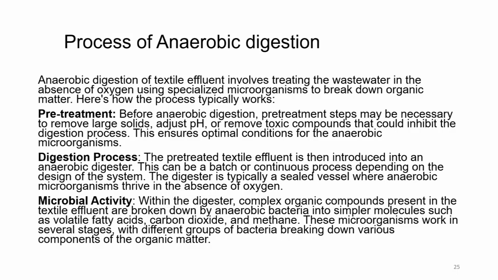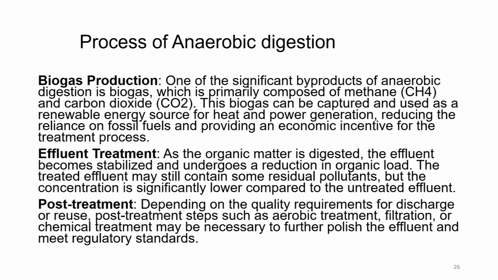Within the digester, complex organic compounds present in the textile effluent are broken down by anaerobic bacteria into simple molecules such as volatile fatty acids, carbon dioxide and methane. These microorganisms work in several stages with different groups of bacteria breaking down various components of the organic matter. So, it is not a very simple chemistry that is happening.